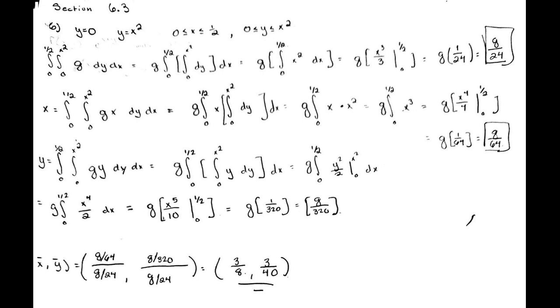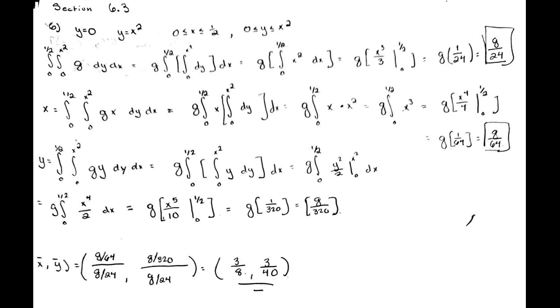We would then solve the innermost integral from 0 to x squared of dy, where we will be given x squared. Then we will solve the other integral from 0 to 1/2 of x squared dx, where we will be given x cubed over 3 evaluated from 0 to 1/2, and we would get an answer of g over 24. And g over 24 will be our denominator.